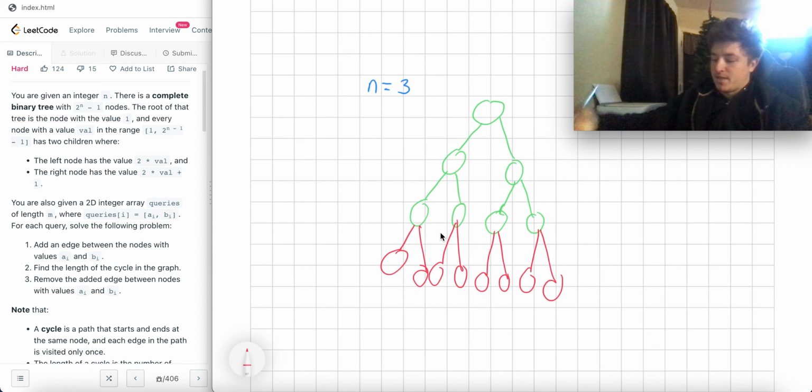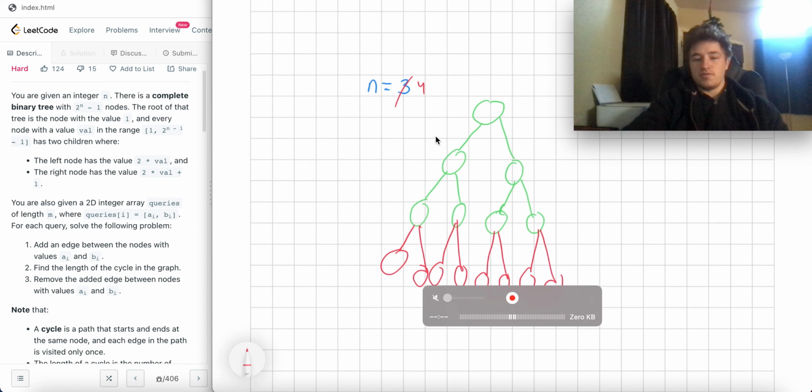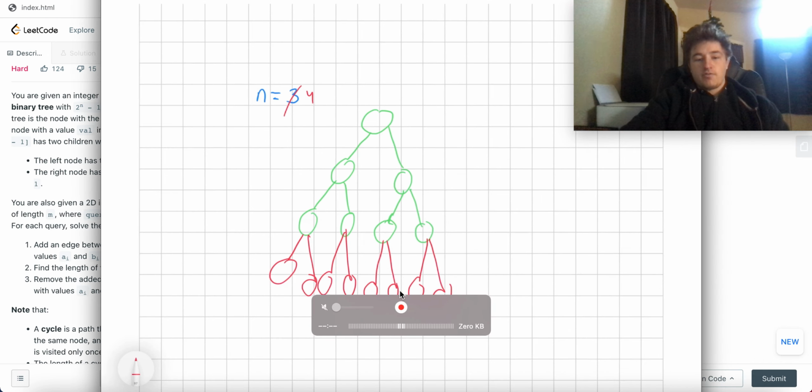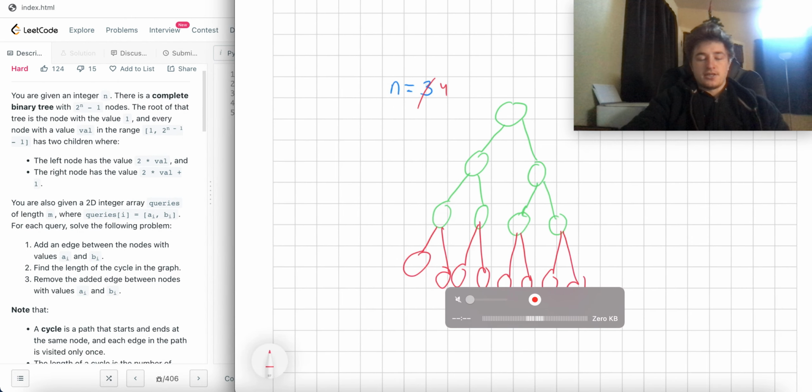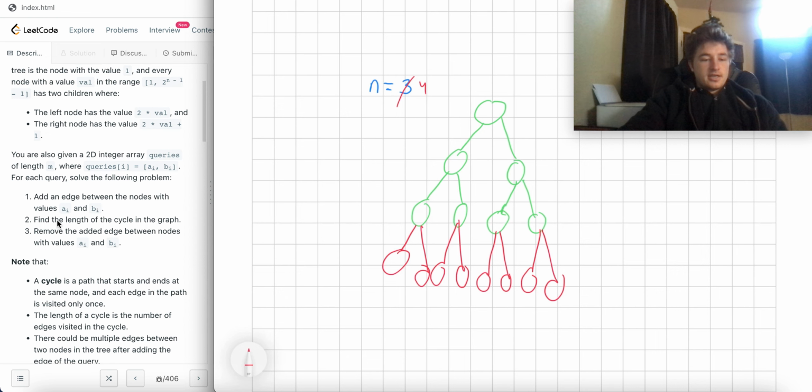And they all have to be at the same level. And you'll notice that this is n equals 4, right? Because there's 2 to the 4 minus 1, 2 to the 4, 16, minus 1, 15 nodes: 1, 2, 3, 4, 5, 6, 7, 8, 9, 10, 11, 12, 13, 14, 15. So that's all it means when it says complete, right? But let's not prolong our focus on that point.